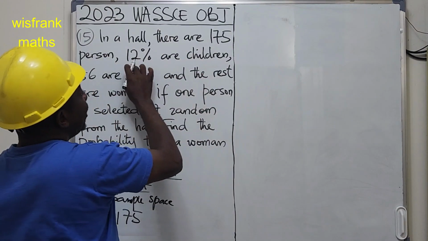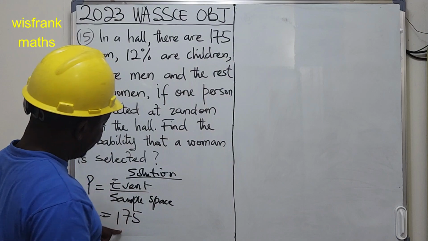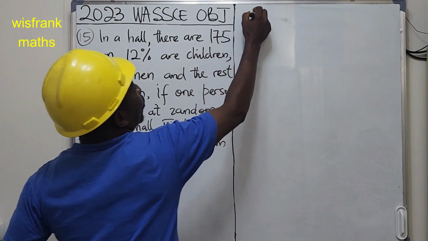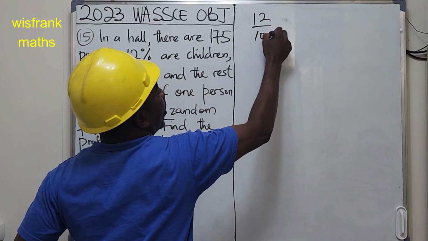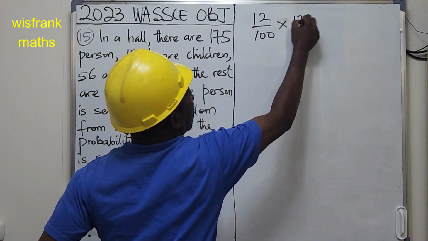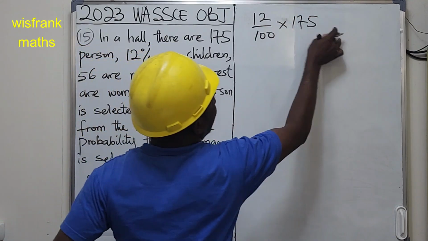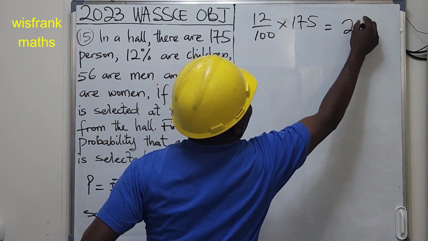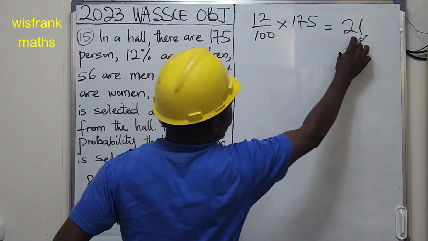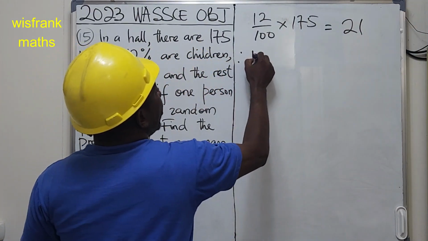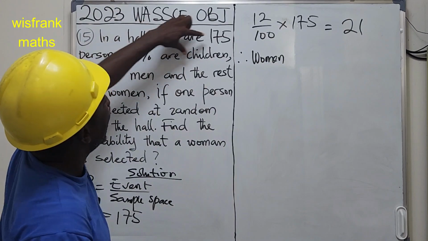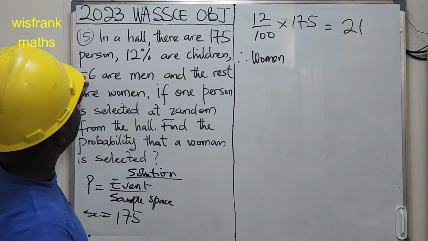The children are 12%. It's going to be 12% of the sample space. So 12 over 100 times 175. When you calculate this, we are going to have 21. Therefore, 21 are children, and 56 are men.